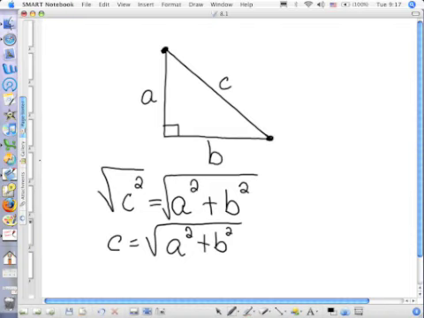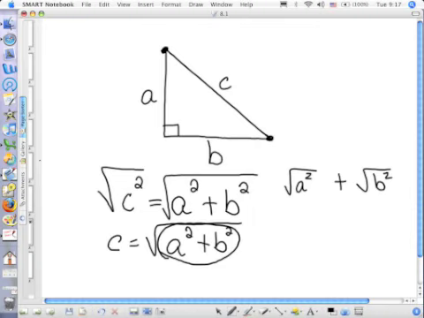All right? Why wouldn't the square root cancel out the square? The square root doesn't cancel out the squares, because let's think about our order of operations. Grouping first. I have to get that answer. It's not the square root of A squared plus the square root of B squared.